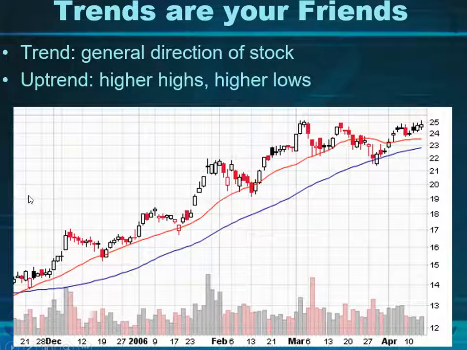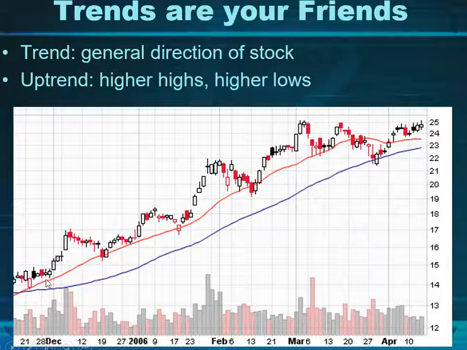Now, the trend is our friend. When you are in the trade market, we can see the trend, the general direction of the stock. We can see that this is an upward trend.